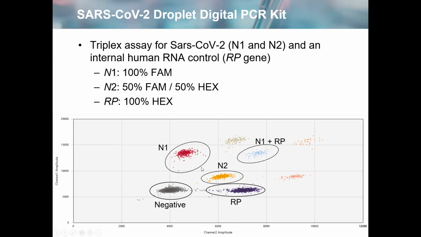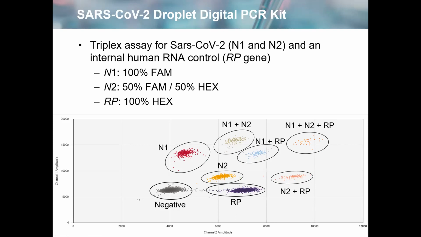And then, of course, we've got our N1 plus RP, which is just the fluorescence of N1 plus the fluorescence of RP. And then our 150% FAM, 50% HEX, N1 plus N2, our N2 plus RP, and then our triplex assay, or our triple positives that have the highest fluorescence for both FAM and HEX.